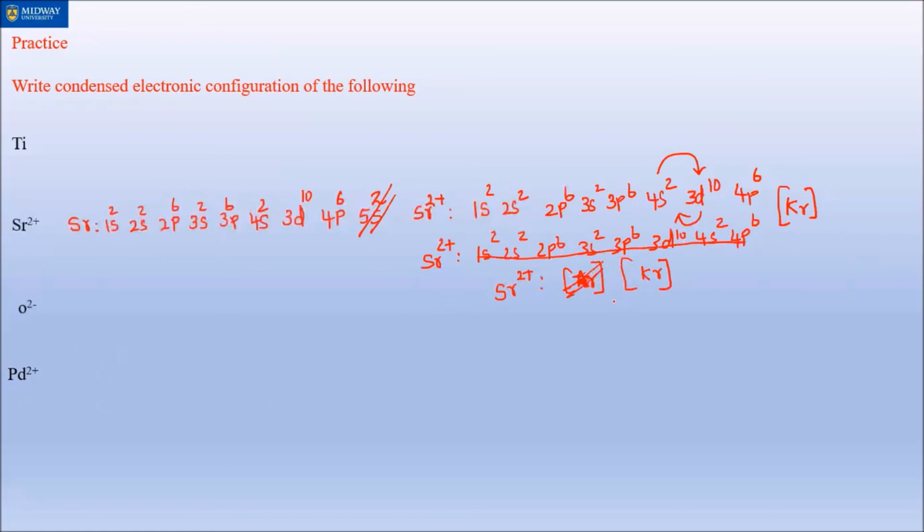Does that make sense? So try these, and then you can ask me questions. This is how you write condensed electronic configuration. Just rule D is an added aspect to your already existing knowledge of how to write electronic configuration. That's condensed electronic configuration for you, and I'll see you back with boxed electronic configuration.